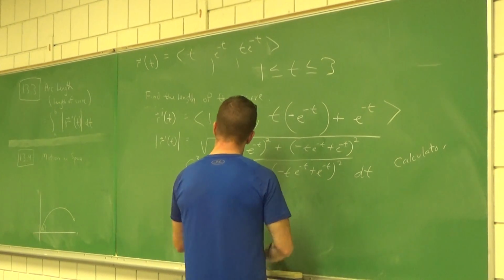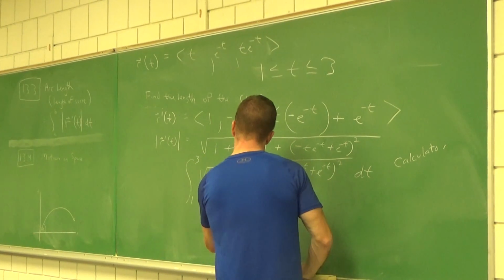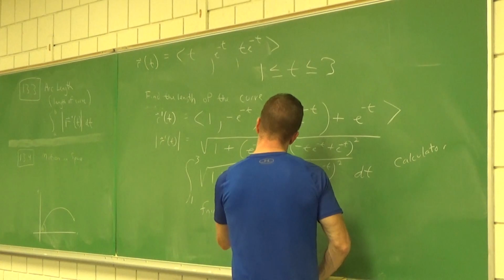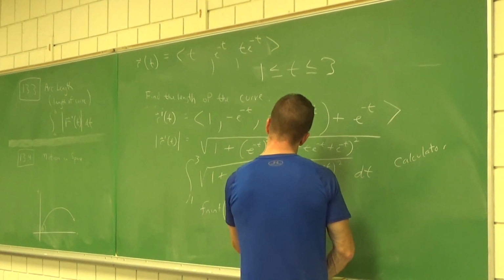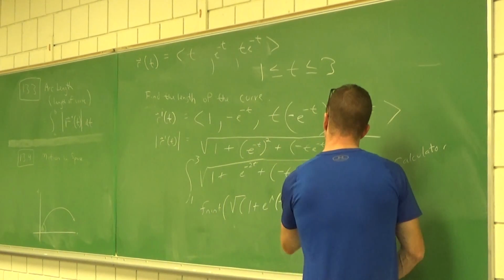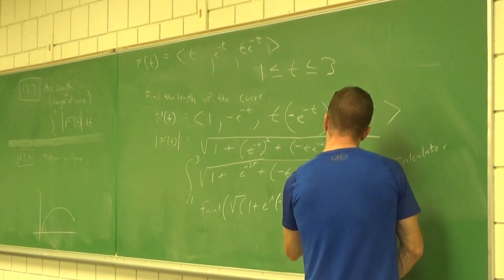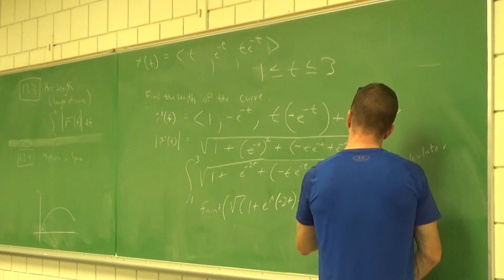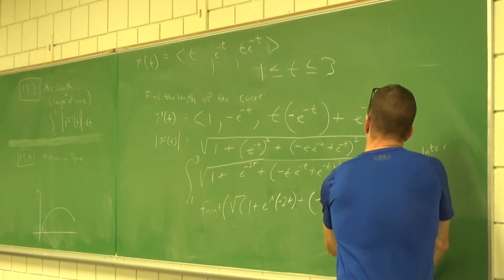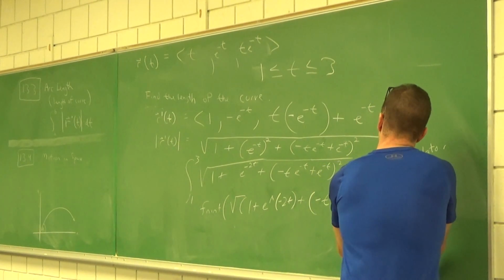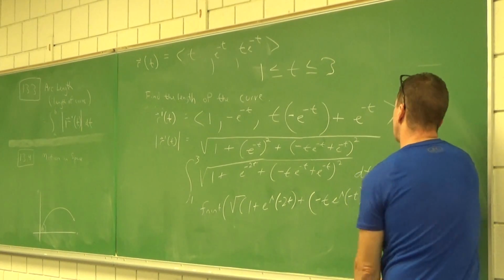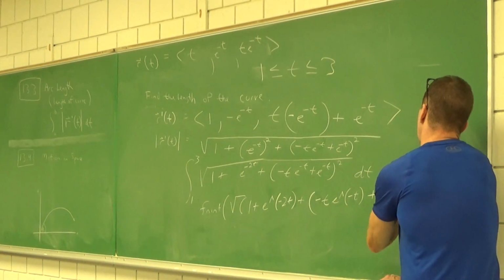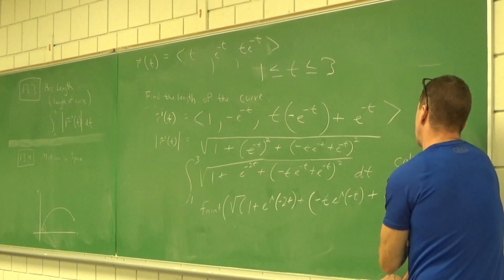Square root, on your calculator, I'm going to put some parentheses. 1 plus e caret negative 2t. Plus parentheses, negative t times e caret negative t plus e caret negative t, and you've got to square that, right?